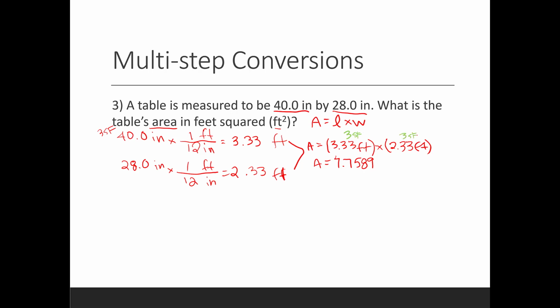So my answer can only have 3 sig figs. So 1, 2, 3, and then I'm cut off. Here, though, this 8 is going to round the 5 up, so my final answer will be 7.76 feet squared. We had feet times feet, so that's going to give us feet squared, and this is my final answer.